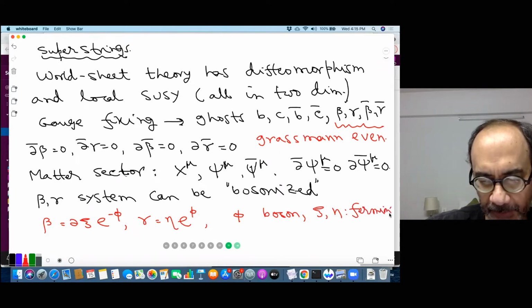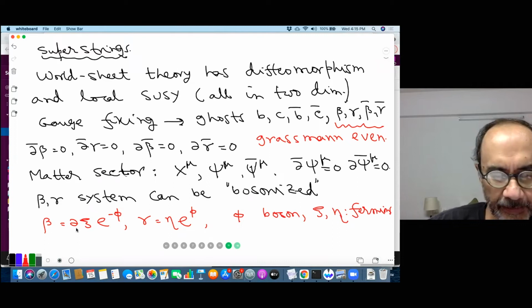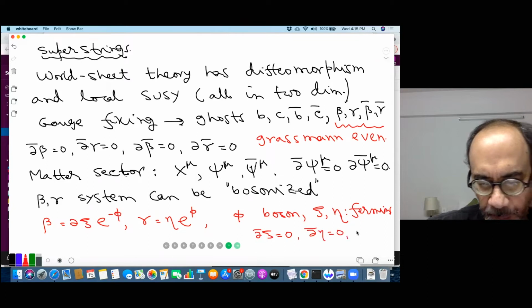Again, from the worldsheet perspective, these are Grassmann odd and this is Grassmann even. And because beta and gamma are holomorphic, so are xi, phi, and eta. So you have del bar xi is 0, del bar eta is 0, del bar phi is 0.